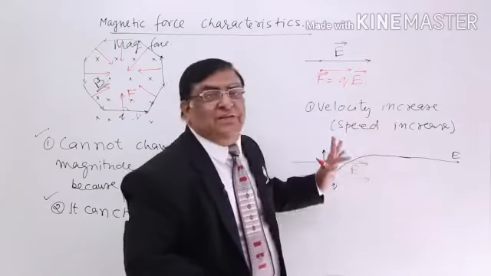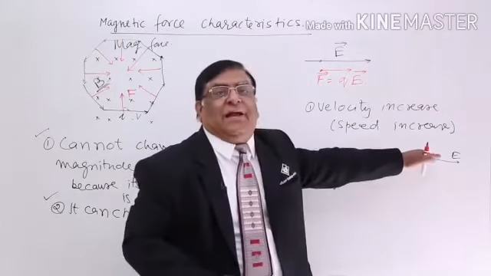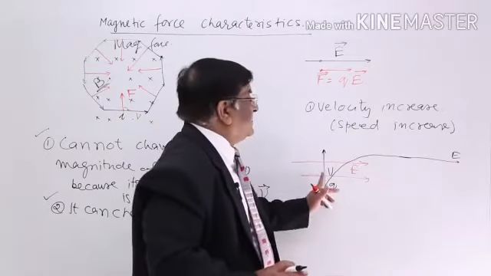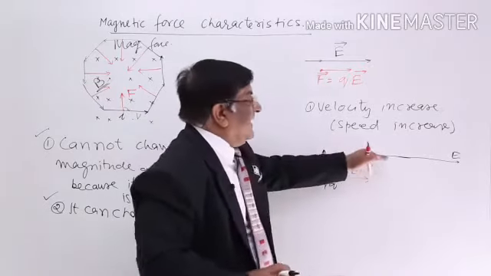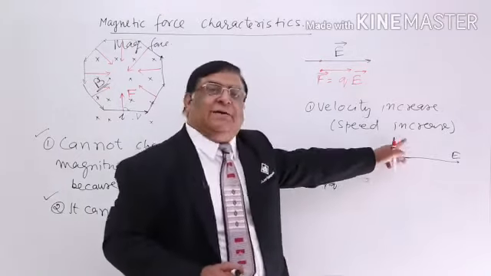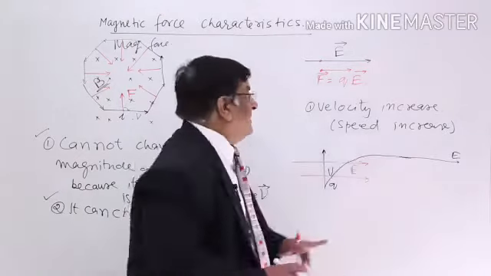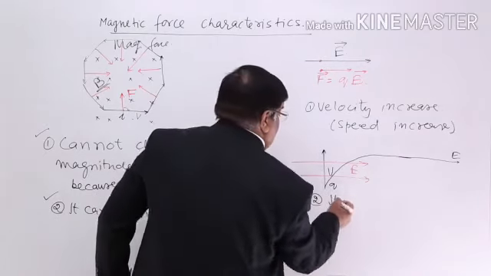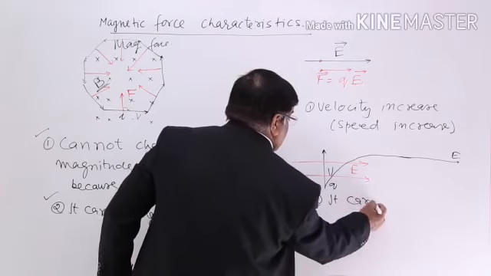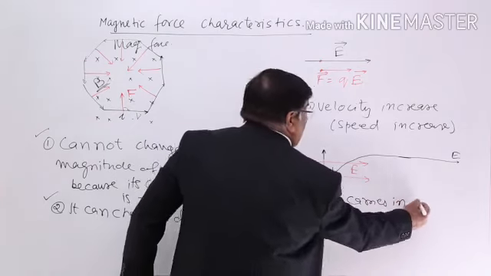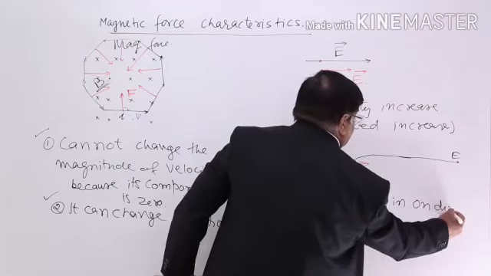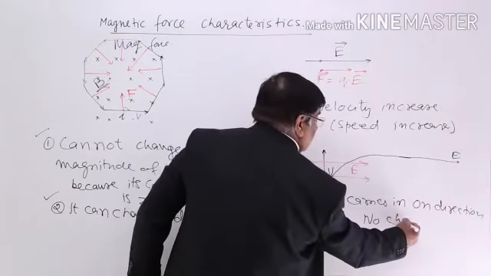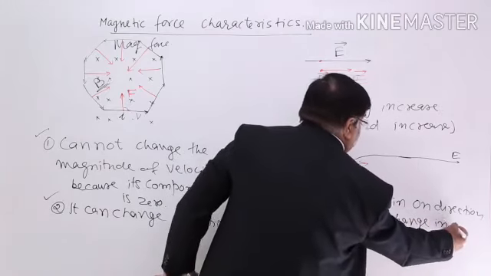It always carries the electric charge in the direction of the electric field. Here, because this direction was not in the field, it has changed the direction to the electric field. But it will not change the direction from here. So, it cannot change direction. It carries in one direction only. No change in direction.